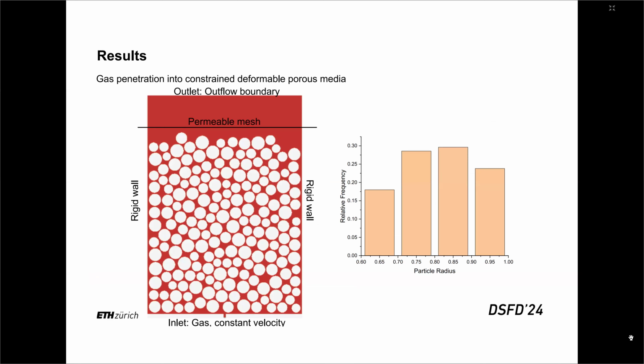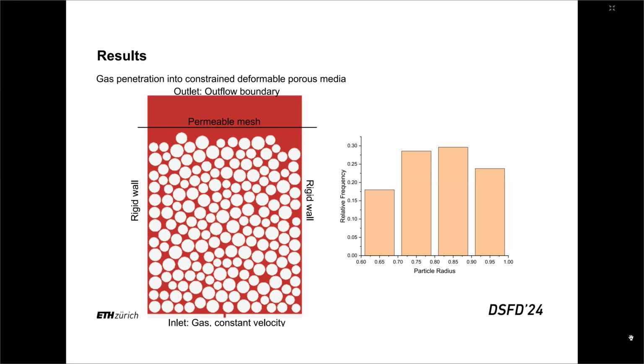The setup is shown here. Some particles are placed in the computational domain, and the left and the right boundaries are rigid walls. The gas flows into the computational domain through the inlet on the bottom at a constant velocity, and the fluid can flow out through the outflow boundary on the top.